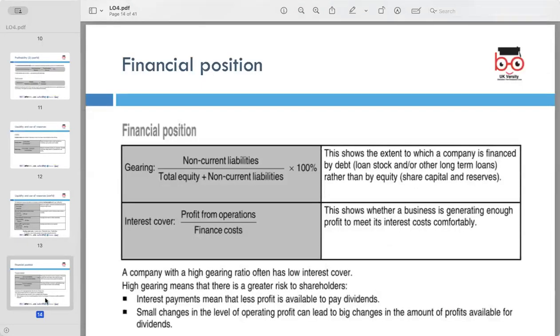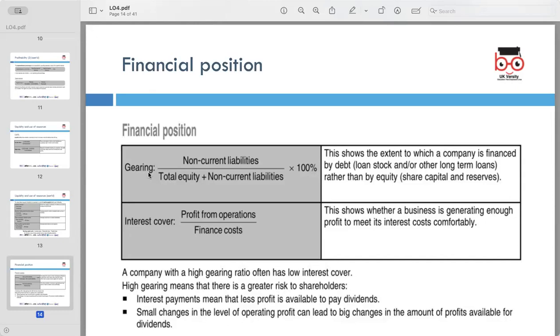Financial position and gearing ratios, interest cover. Gearing, also known as leverage, compares the proportion of debt capital to equity capital in a company's capital structure. It is calculated by dividing non-current liabilities by the sum of total equity and non-current liabilities.